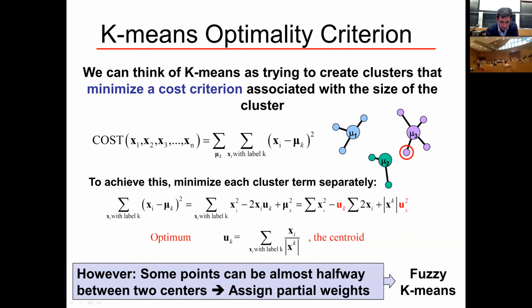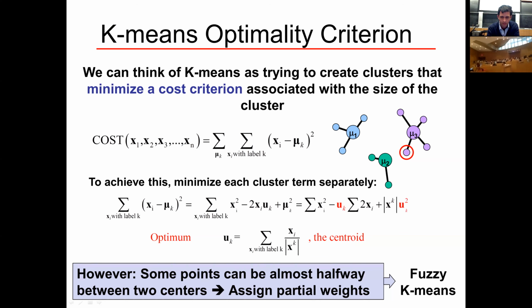But the problem is that some of the points can be exactly halfway. So again, this is K-means as you define it. And that was one of the questions. Some points can be exactly halfway between two centers. So what we could do is probabilistically assign, basically flip a coin and assign to one or the other. Or what you could do is assign the points partially between them.